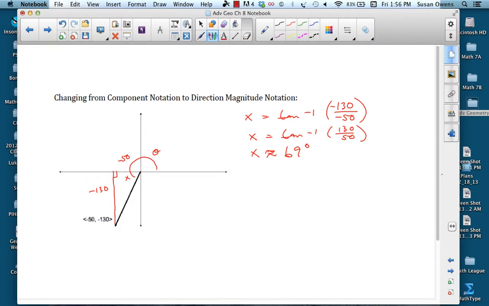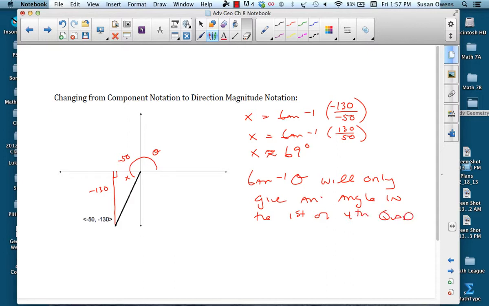Now, here's one issue with tangent. The inverse tangent of an angle will only give you an angle in the first or fourth quadrant, because there are always two angles that have the same tangent.